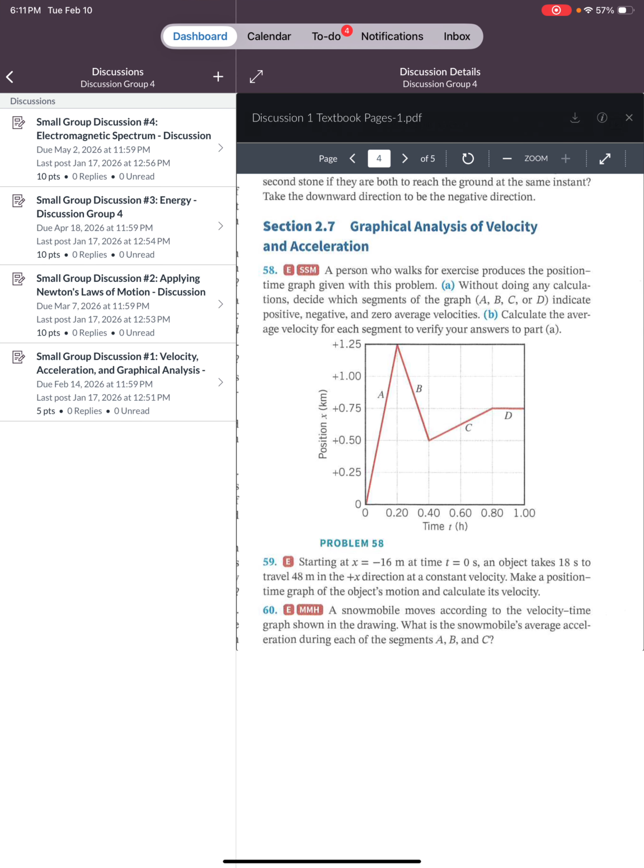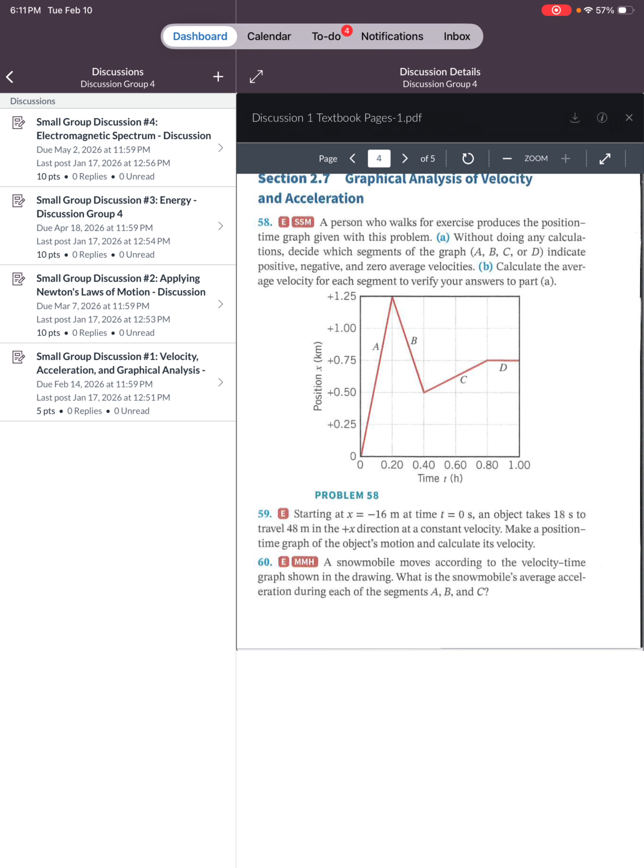Okay, so we have a first section, segment A. It's going from 0 all the way to positive 1.25. When we look at that point, 1.25, at the edge of the graph here, and we draw a perpendicular line towards the x-axis, we see that it falls at x being equal to 0.20, which is 0.2.